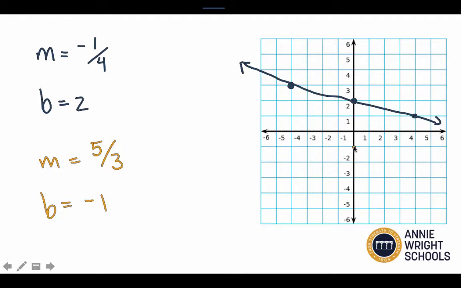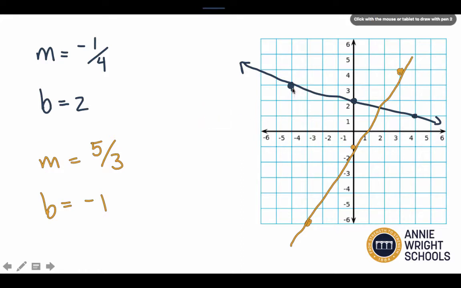Okay, so you go down to the y-intercept of negative 1. You go up 5 and over 3. And you can go down 5 and backwards 3. You want to be able to move both directions, to the right and to the left. Take a look at the slope of both lines.